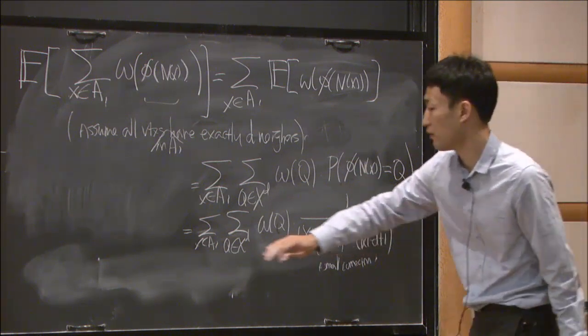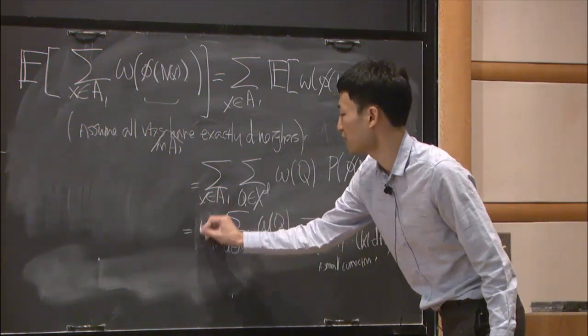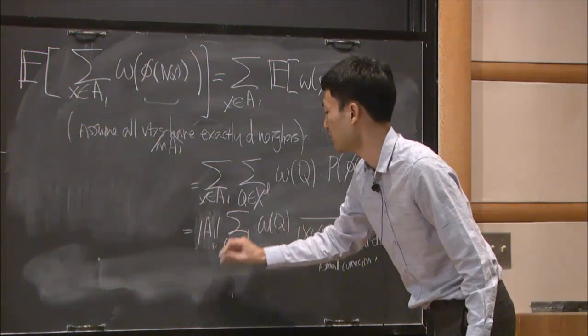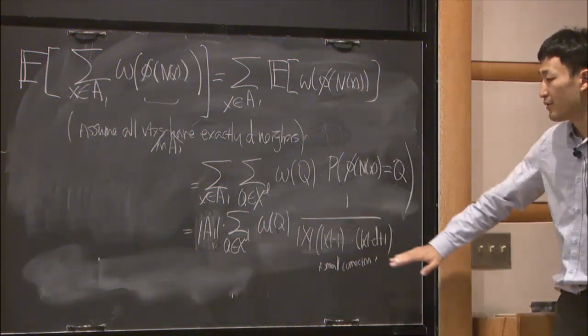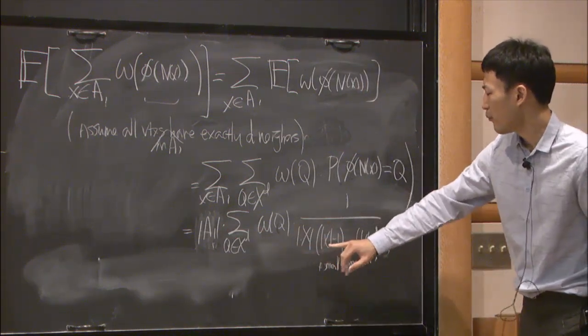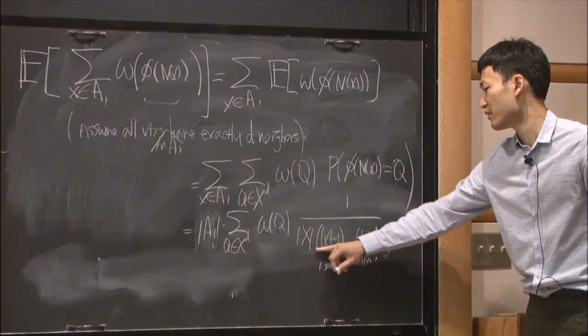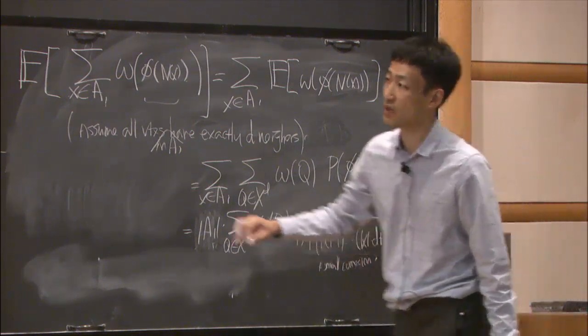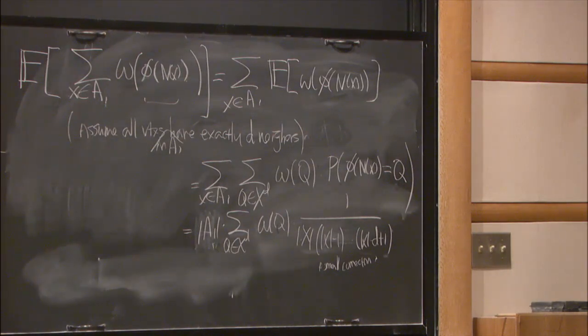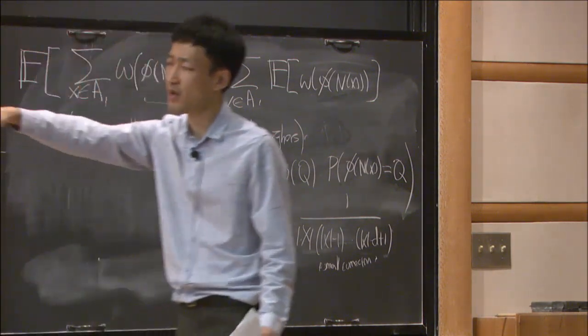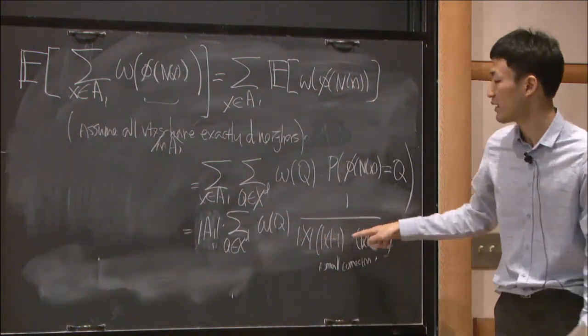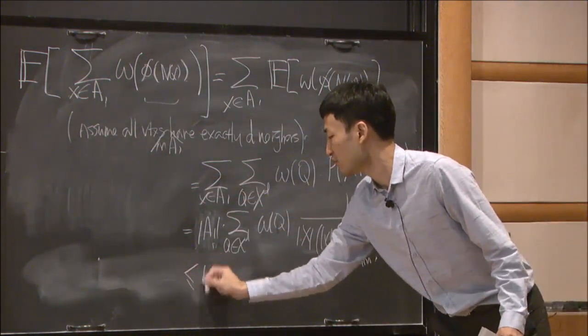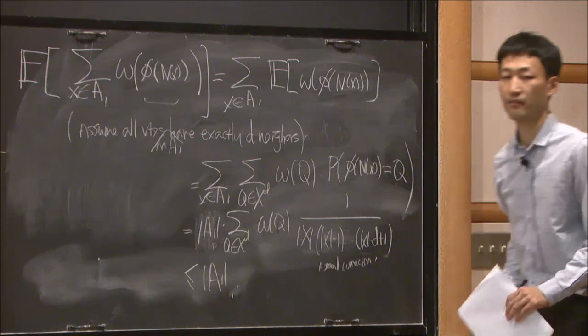Okay, so it's easy to see that it doesn't depend on x, so I'll just write A1 times this. And this quantity, if I just cheat a little bit and say this is x to the d, is exactly what I'm controlling here, the average defect over all d tuples in x. And the reason I bounded above by half is because this is not exactly x to the d. So let me just say this is at most A1.